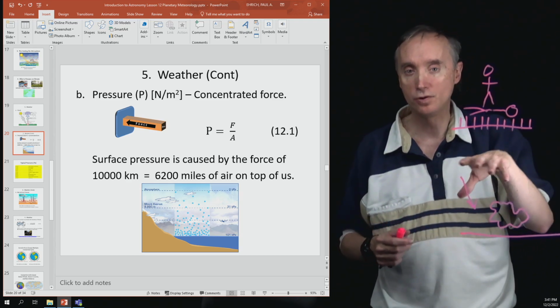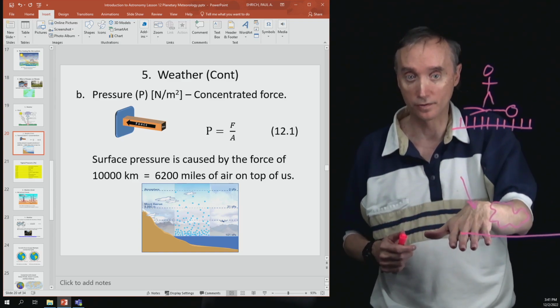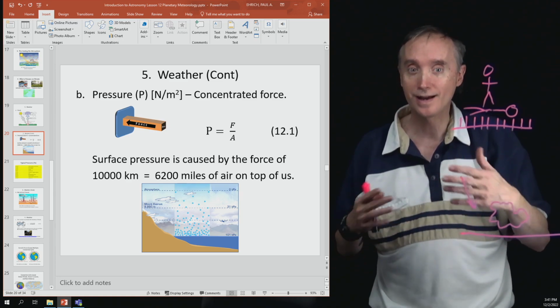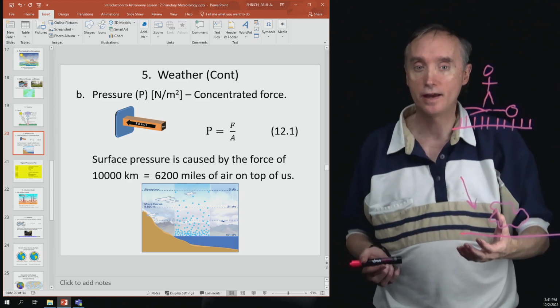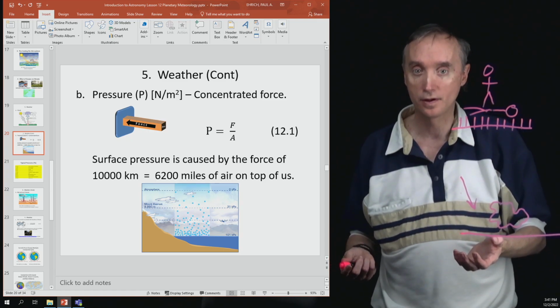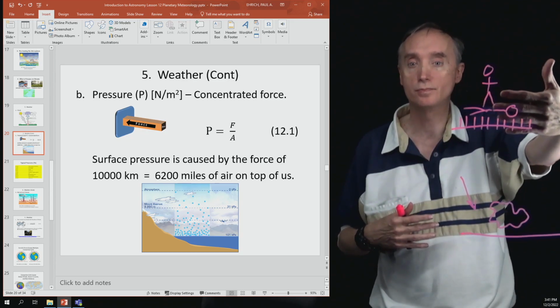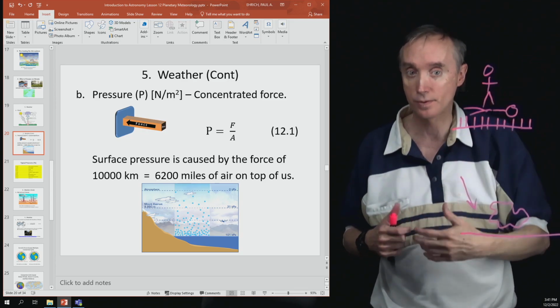Now most of that air is concentrated here at the surface of the Earth. Like 90% of that air is within about 10 kilometers of the Earth's surface. But the atmosphere of the Earth actually extends much, much further out into outer space.